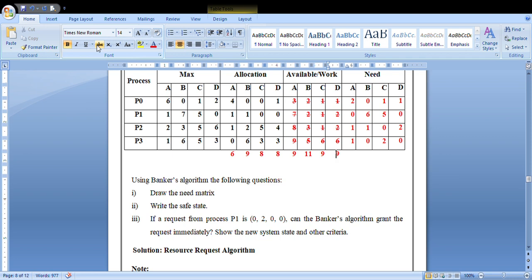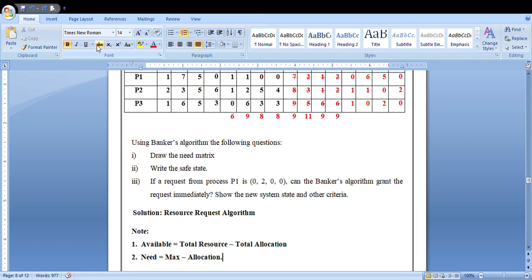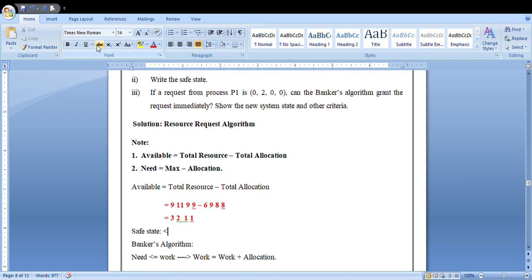Once it is done, you have to write the safe sequence. Don't forget to write the safe sequence. Here, all the processes execute in the same order. None of the processes has a false condition, so it will remain in the safe state. P0, P1, P2 and P3. This is the safe sequence.